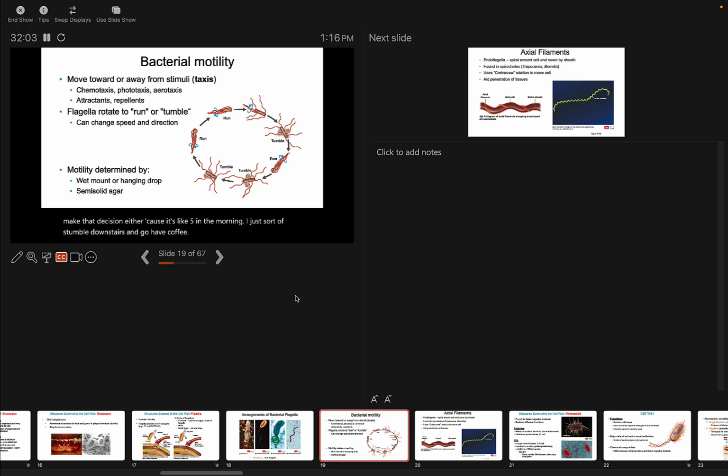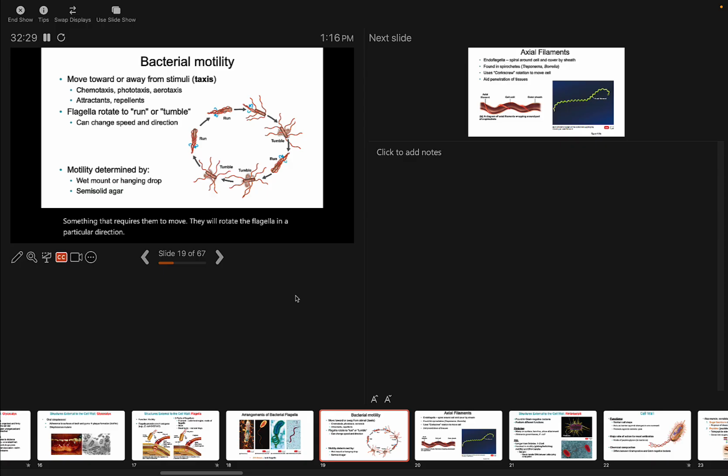So then how do bacteria know that they should be moving toward something they need or away from something that's bad for them? It's all chemical signaling in the cell. And often what that chemical signaling will control is, if it is something that requires them to move, they will rotate the flagella in a particular direction.